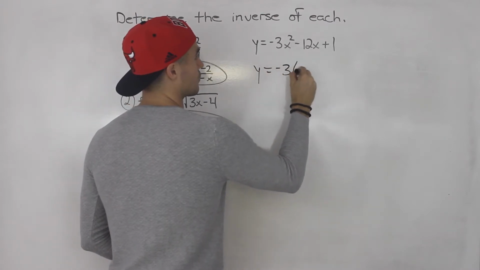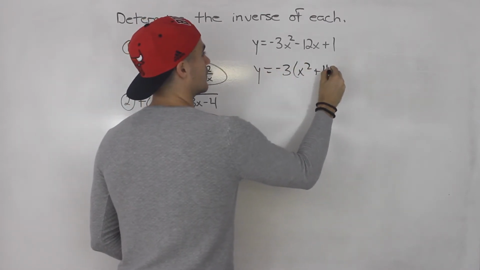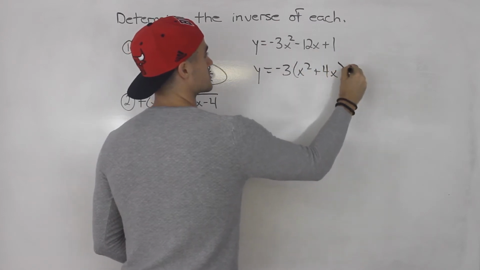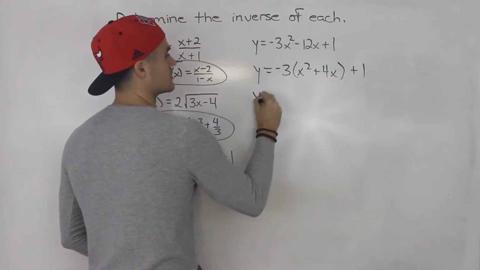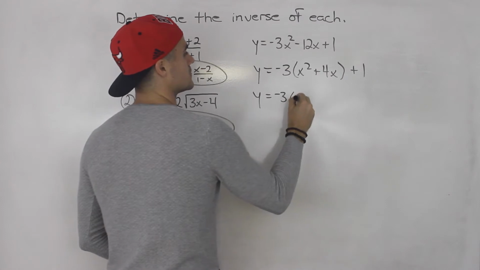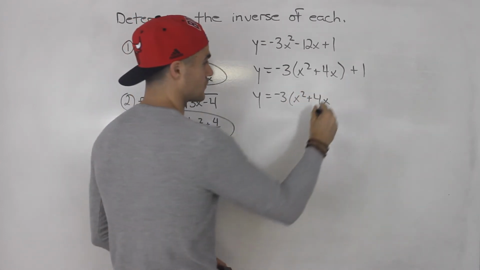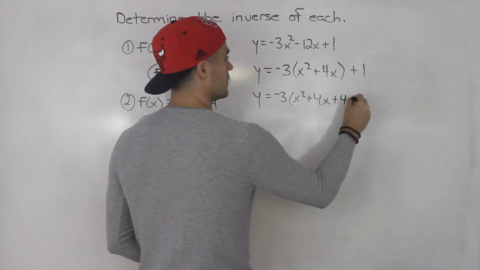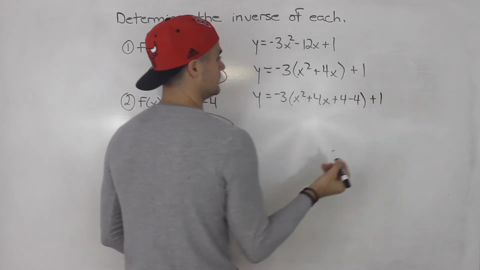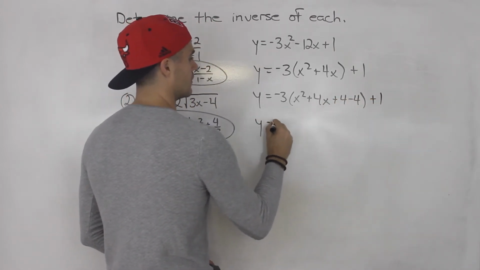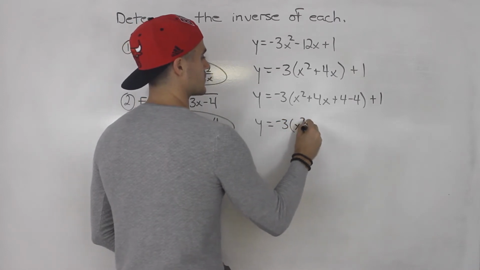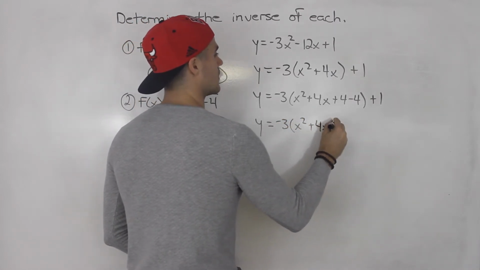So we'll factor out a negative 3 from these two terms. This is plus 1. This will be negative 3, and this will be x squared plus 4x. Then half of 4 is 2, squared is 4. So we'll have plus 4 minus 4. This will be plus 1. And x squared plus 4x plus 4.